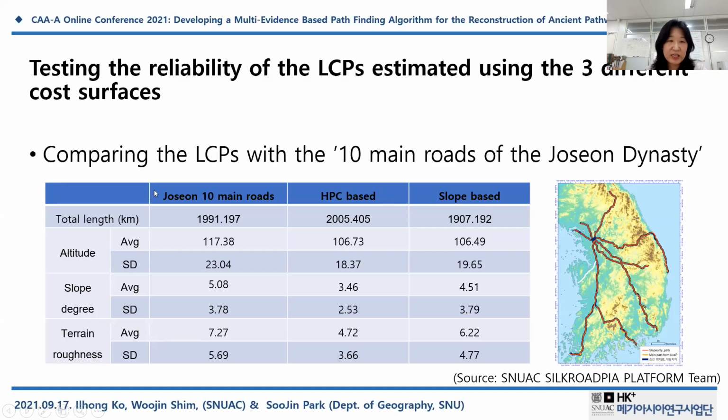As you can see here, there are slight differences in terms of the total lengths of the paths and also in terms of altitude. But overall, they do tend to generally coincide.